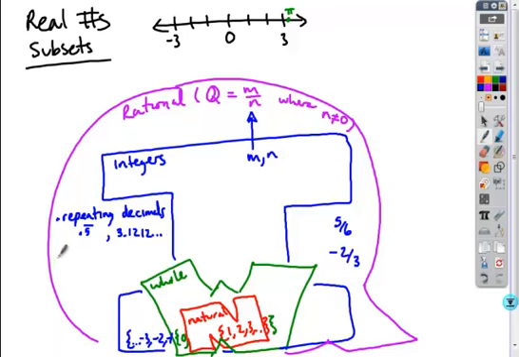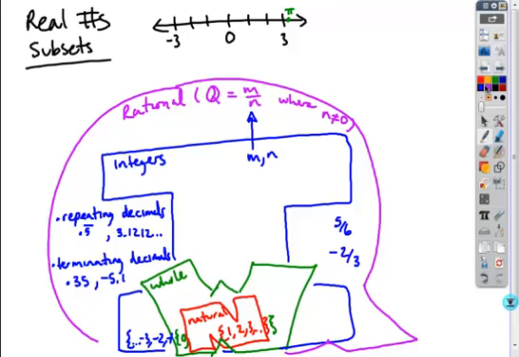And then also, it's any terminating decimals. Terminating decimals would just be like 0.35, -5.1. If it ends, it can be expressed as a fraction of two integers.